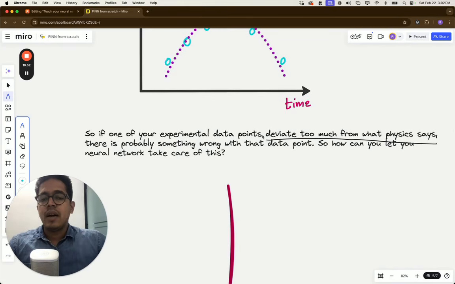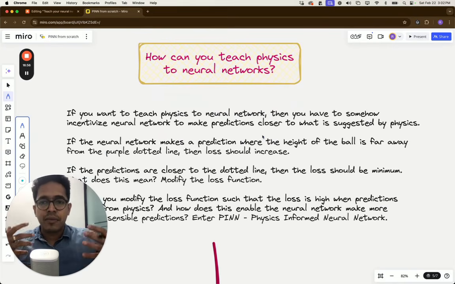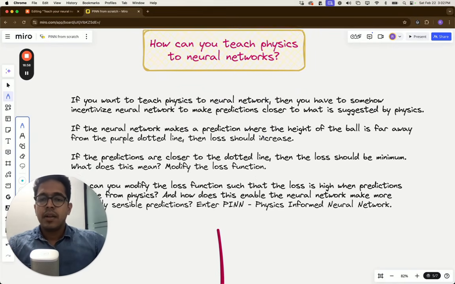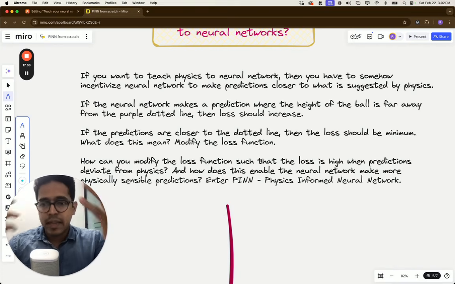So let's see how to do that. And the question is, how do you teach physics to a neural network? So let's think about this. How can you communicate to the neural network that your prediction is bad?